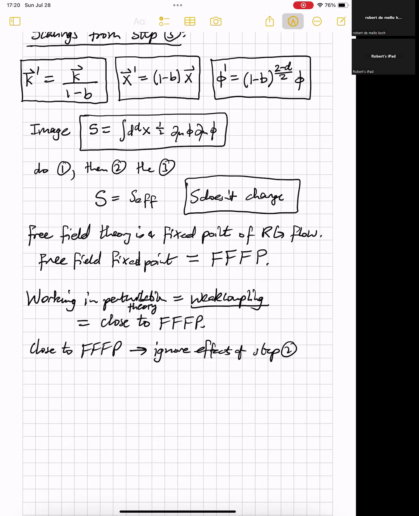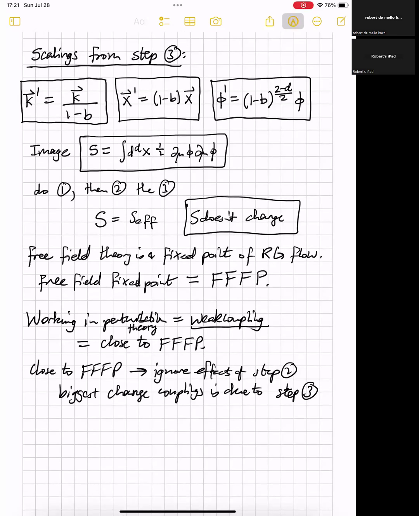And then the biggest change in the couplings, in the action, is due to step 3. And that's these rules that we've got sitting above here. So if we're very close to the free field fixed point, we can ignore step number 2. Sometimes we have to take it into account, and we'll discuss when we do. But most of the time, we can just ignore step 2, and we'll get a pretty good description just by using the scalings that we discovered inside step 3.